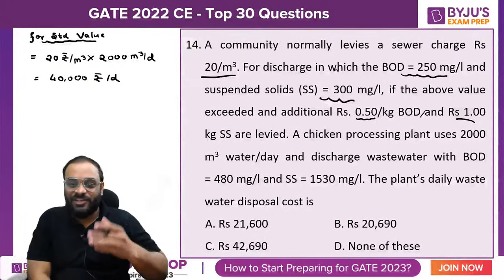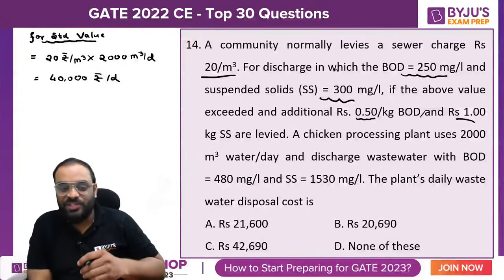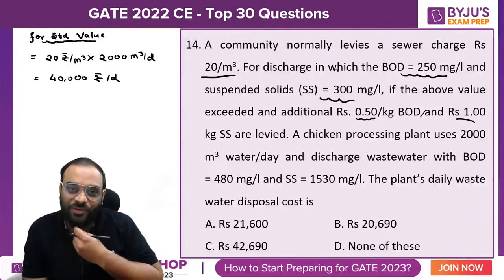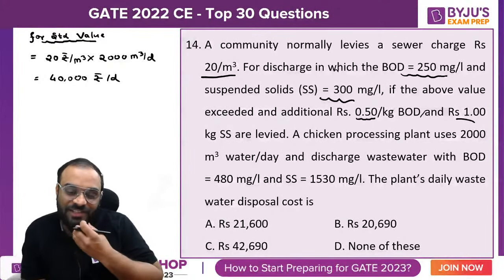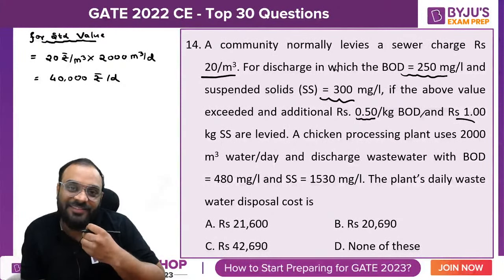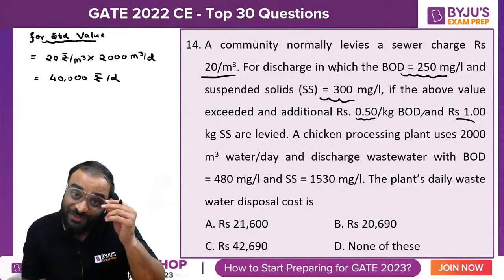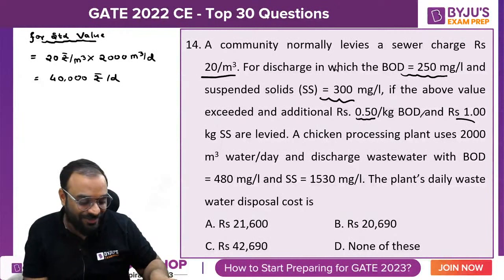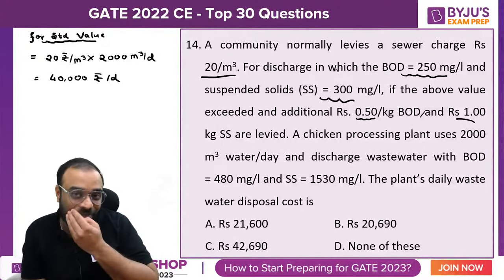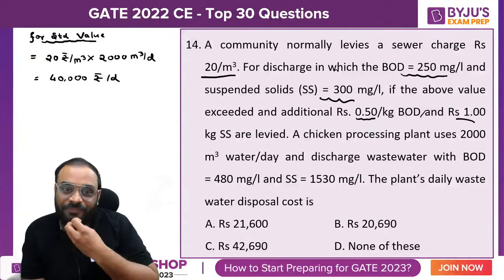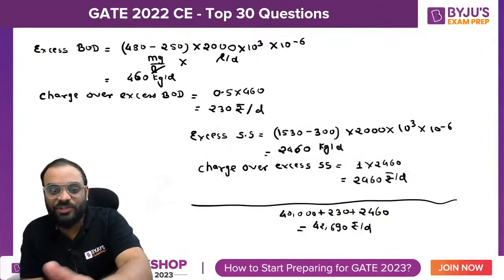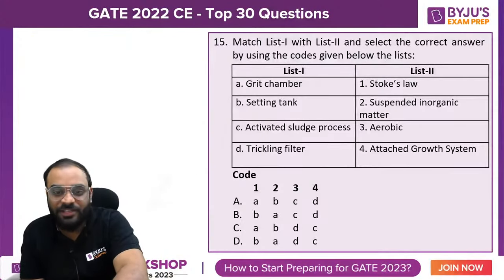If you have a chicken processing plant and you need to pay 43,000 per day as a waste disposal cost, you can't believe this cost is very huge. Okay, no issue, but we need to pay it.